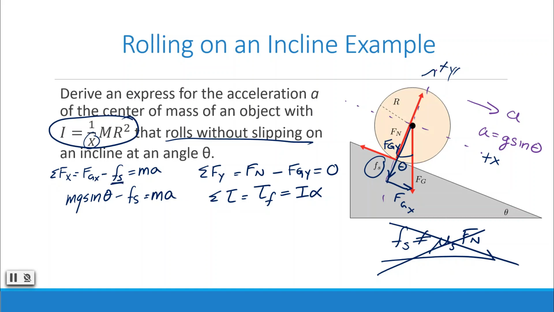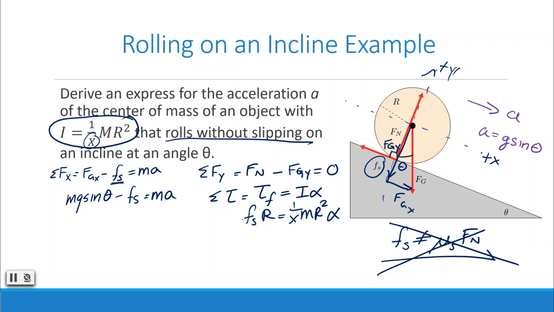Well, the torque due to friction is going to be my static friction force times r, because those are at 90 degrees, so r and my static friction force. And then I'm going to use 1/x mr squared times alpha. Now I have the same problem that I did for the Atwood machine, and that is I've just introduced a new variable.